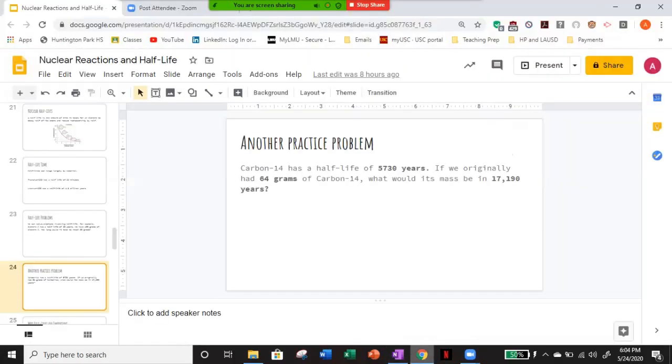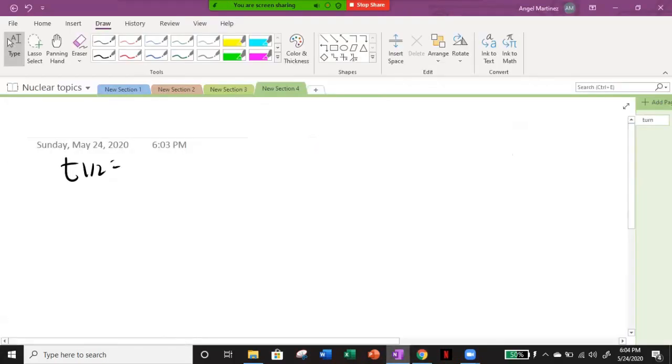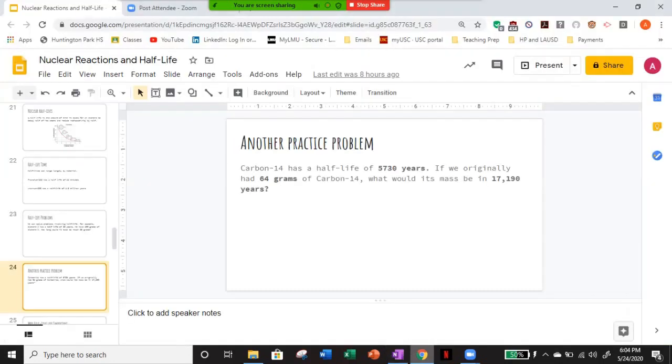Our half-life is 5,730 years. That's ugly. And the total time is 17,190 years.